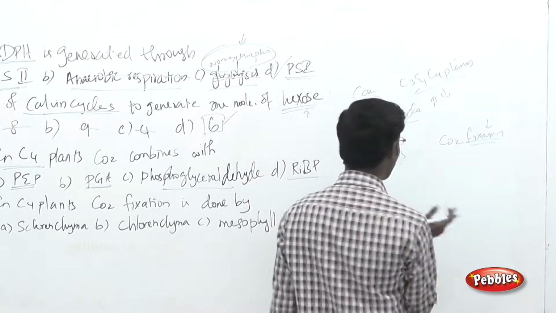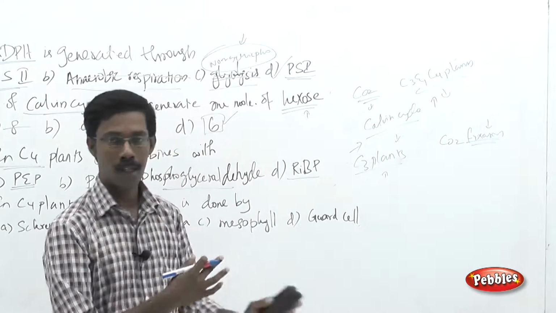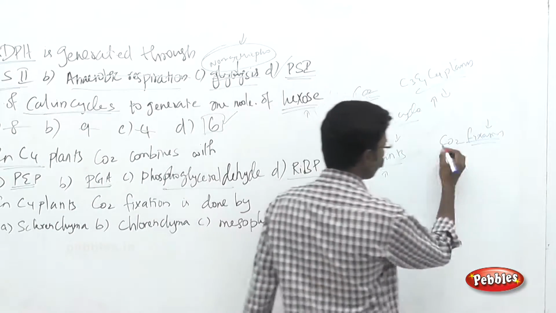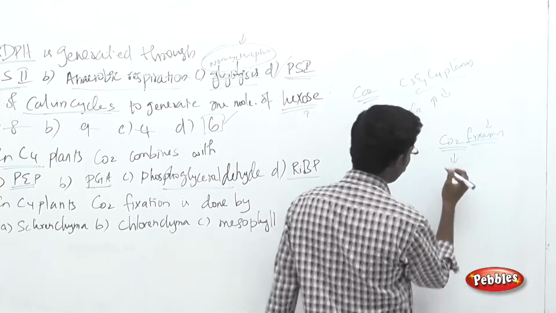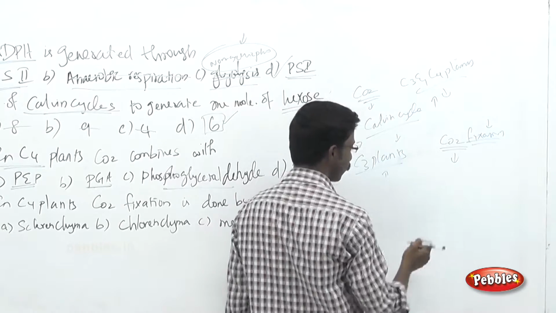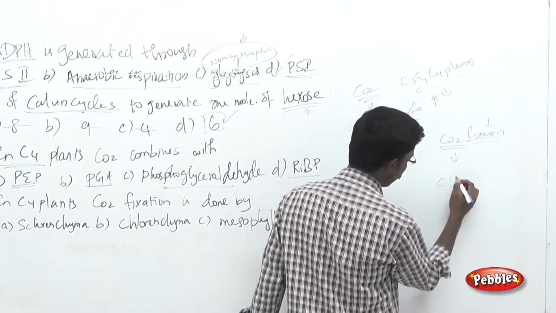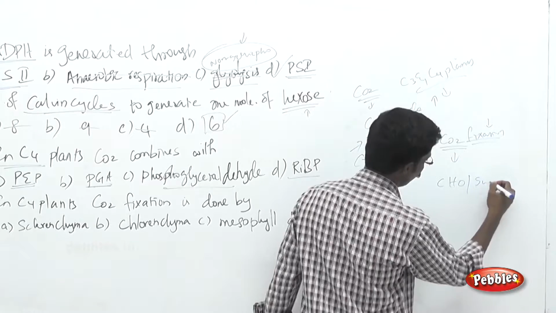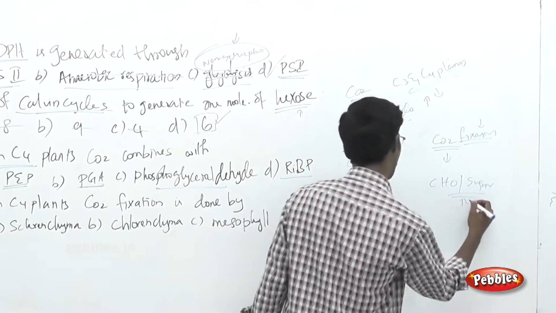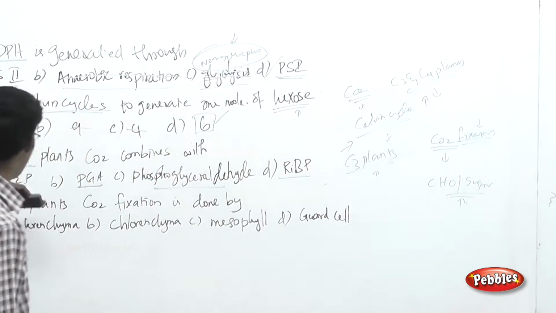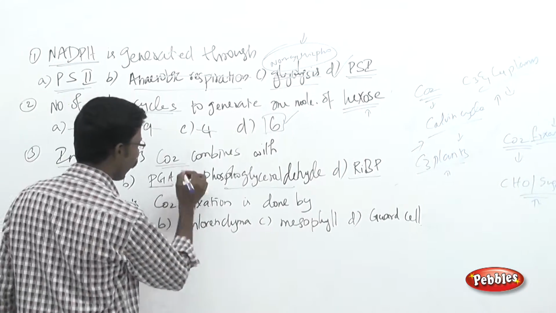But the question here is, what is the difference between C3 and C4? In carbon dioxide fixation, the carbon dioxide enters into the cycle and will be fixed as an organic sugar molecule. Okay, so this is what you have to remember. The question here: carbon dioxide combines with.